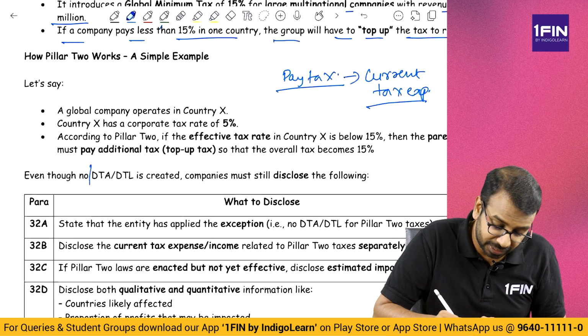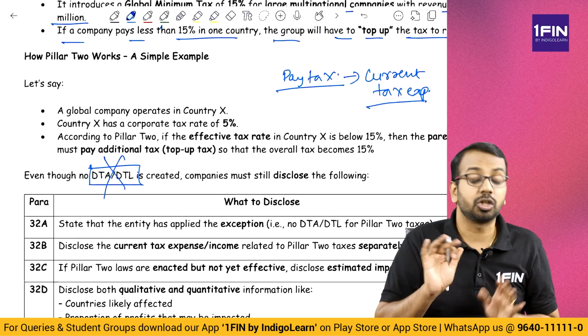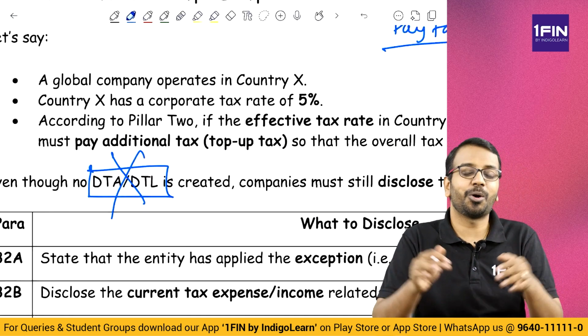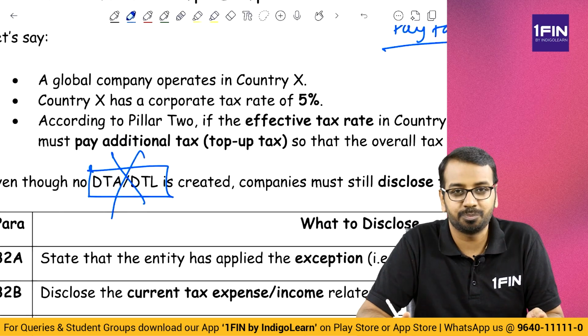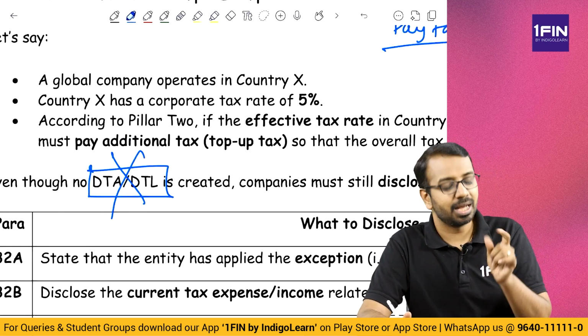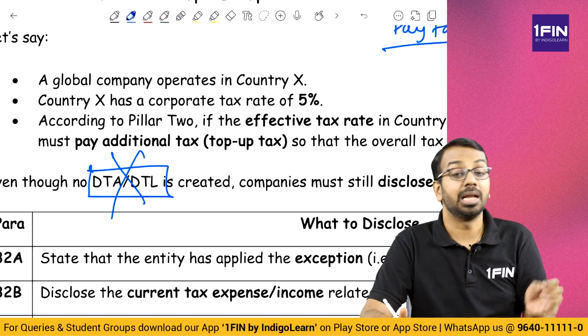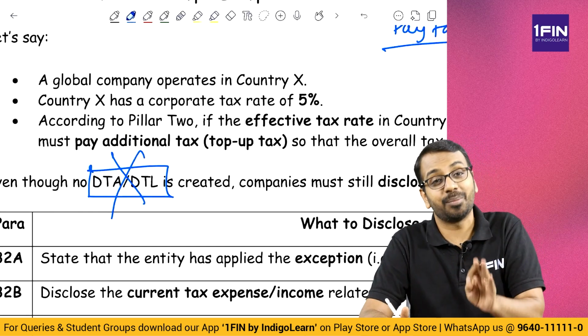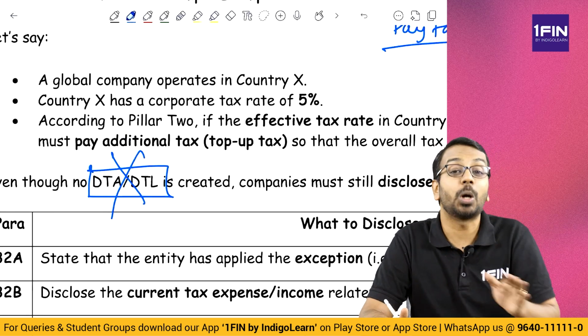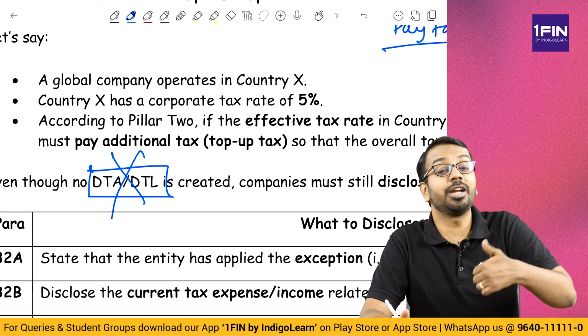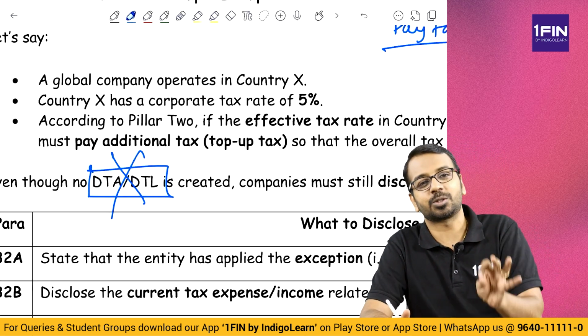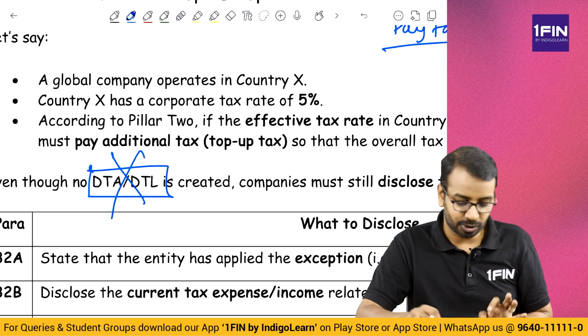But deferred tax asset and deferred tax liability are not applicable. Meaning to say, from the point of view of this Pillar 2 taxation, current tax provisions of AS 22 are applicable. Deferred tax asset and deferred tax liability provisions of AS 22 are not applicable. Means we don't need to create DTA or DTL with respect to Pillar 2 taxes.